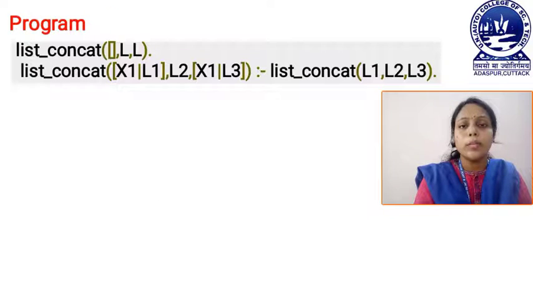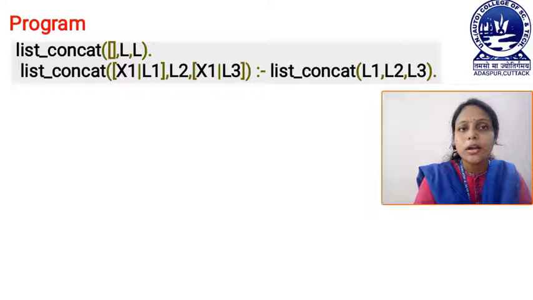Now look into the program. In this program, the first list concatenate predicate contains an empty list. We want to concatenate this empty list with the list L. That means here the first list is empty, so the resultant list is L. Now look into the next predicate, list concatenate x1 L1.